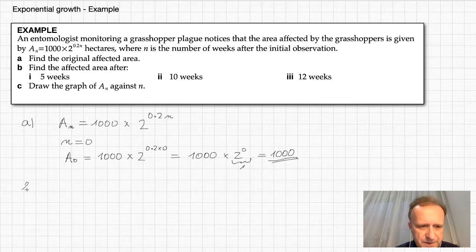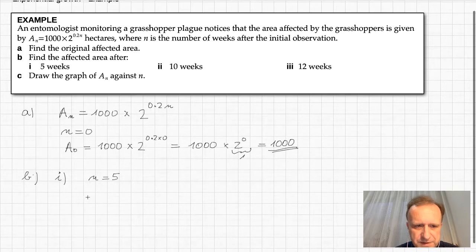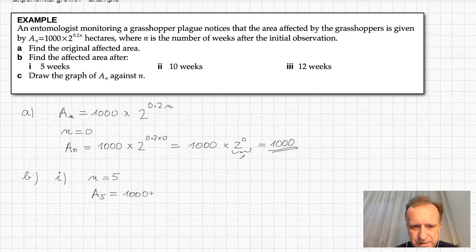In part B, we are asked to find the affected area after 5 weeks, 10 weeks, 12 weeks, and so on. So n is the number of weeks. In the first subpart, I take n equal to 5 and evaluate this number. The affected area after 5 weeks should be 1000 times 2 to the power of 0.2 times 5.